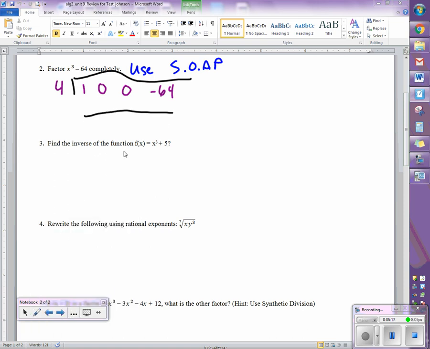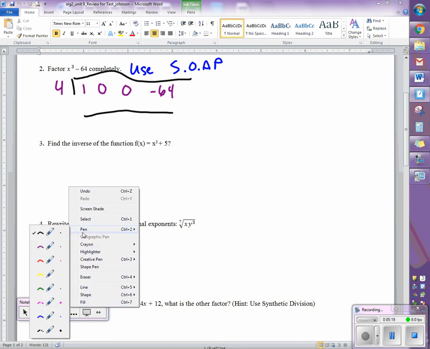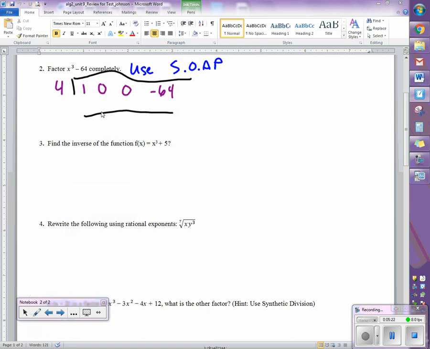Write your equal bar and begin the process. Bring down the 1, multiply it with 4, add it to 0, repeat. 4 times 4, 16, add it to 0, repeat. 16 times 4, 64, add it with negative 64, you get 0. So my remainder is 0, which is proof that 4 is a solution.